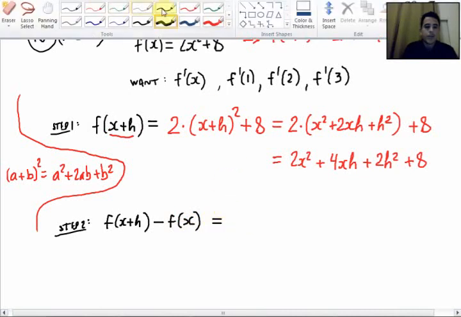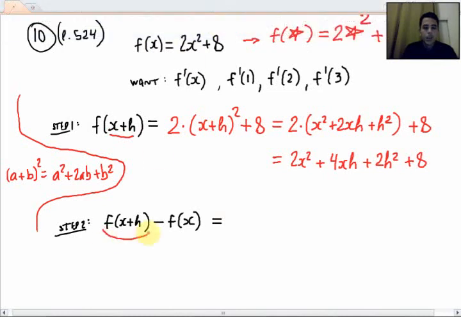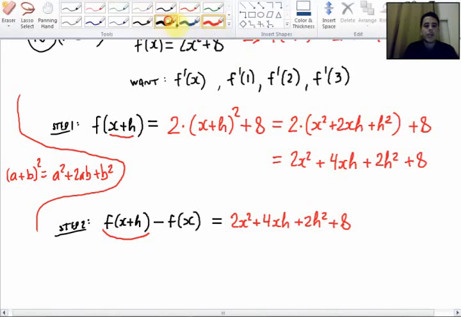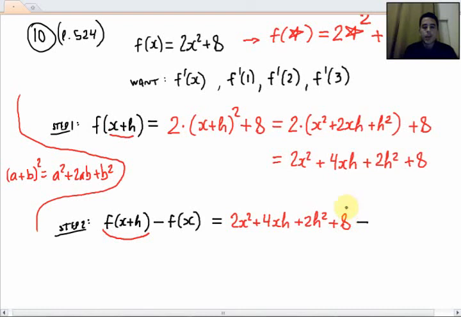Let me repeat that here. f of x plus h minus f of x, and f of x is this expression right there, so I need to put that in parentheses.